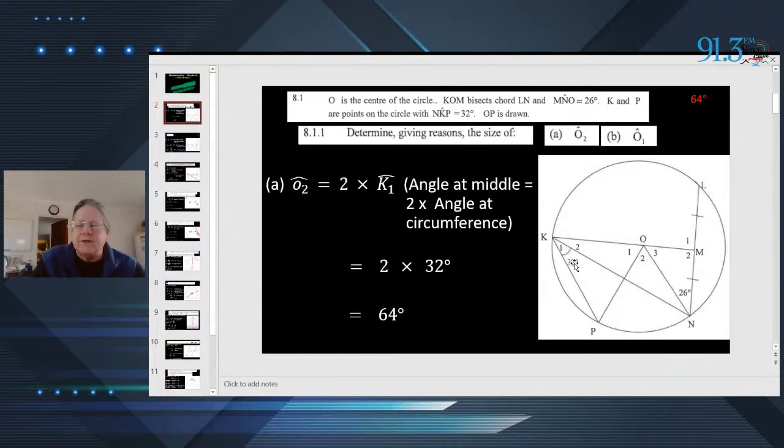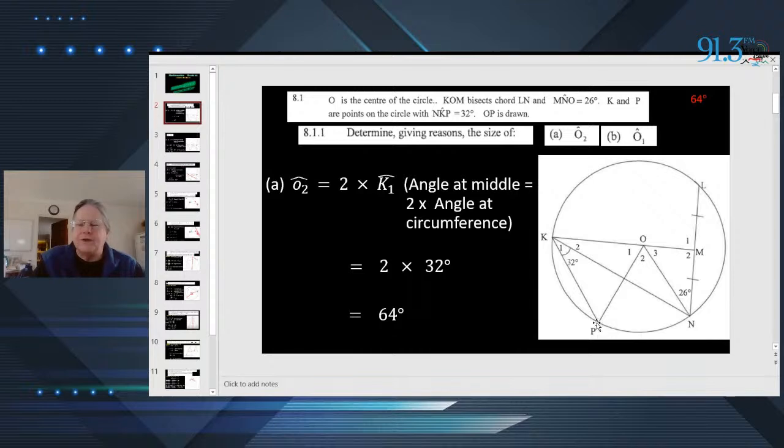The basic thing you need to do, and look very carefully, is look at P and N. That forms a chord that's not joined. Normally, if you have an angle like that, you follow the angle's lines back to the circumference of the circle, and you will get to PN, which is a chord.